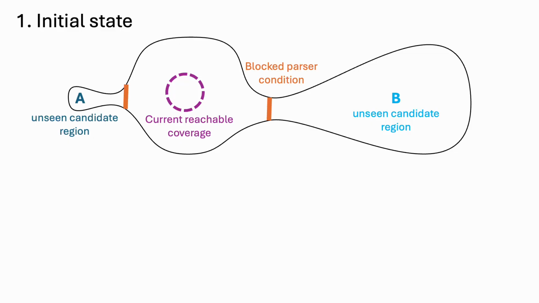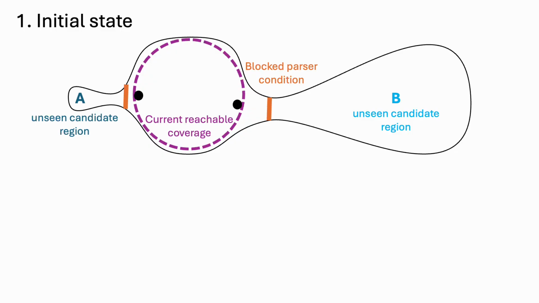And at this point, the fuzzer doesn't know which of these frontiers is worth trying to cross because it doesn't know whether A or B is the better next target. So if repair attempts to get past these blocked parser conditions are expensive or unreliable, choosing the wrong one can waste a lot of fuzzer effort.